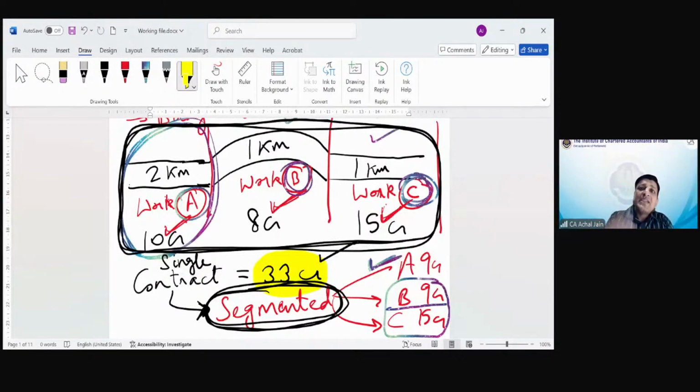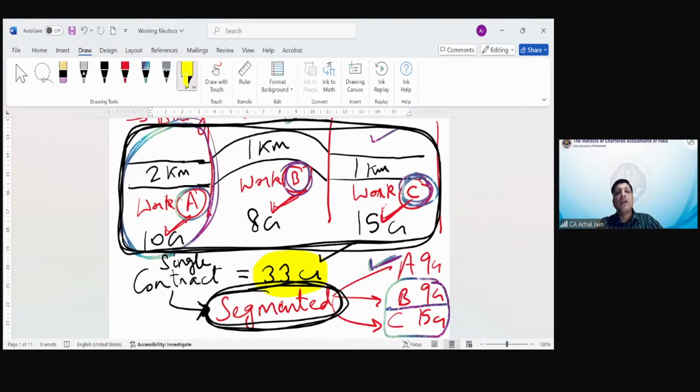Whether A, B, and C are interdependent or independent. In case we find that they are independent, it means execution of activity A has no linkage with B or C. If the work for A is completed, that will have no implication as far as B or C is concerned from the perspective of the customer. That's where you call it independent.